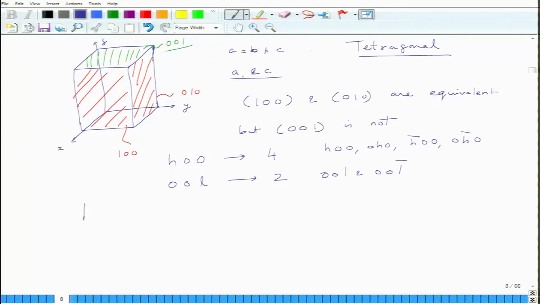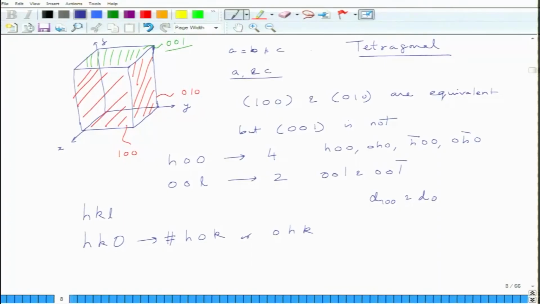So when you have HKL or HK0, HK0 will not be equivalent to H0K or 0HK, because of tetragonal symmetry, because the third index is along the C axis, which is the C lattice parameter, which has a different length as compared to A and B. So you can see the multiplicity will go down in the tetragonal system.